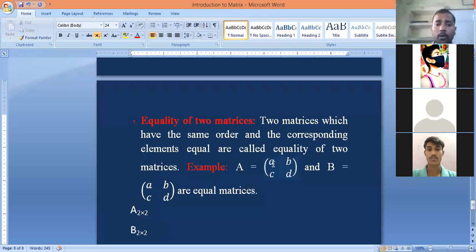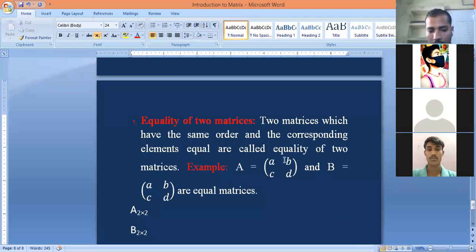Then after, we should talk about their elements. In the first row, the first element is given as A, and in the same way in B also A is given in the first row and first column.